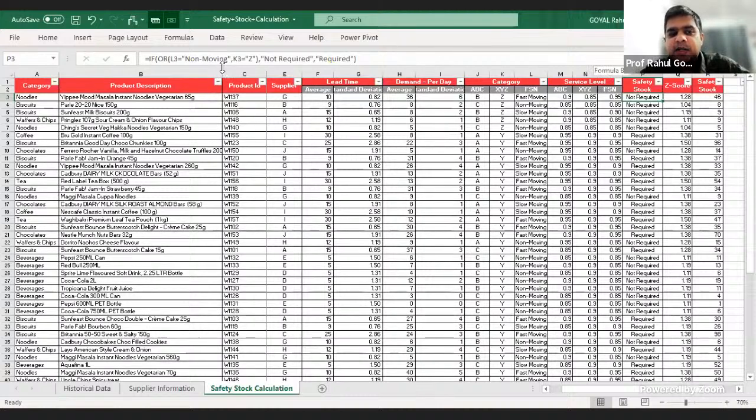So for example, if it is non-moving, and it is a Z-class SKU, which is highly variable and it is not moving very fast, they don't want to keep any safety stock, right?